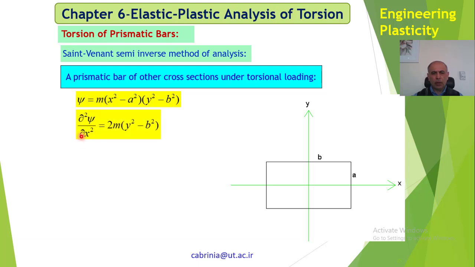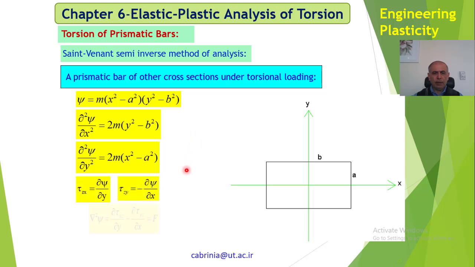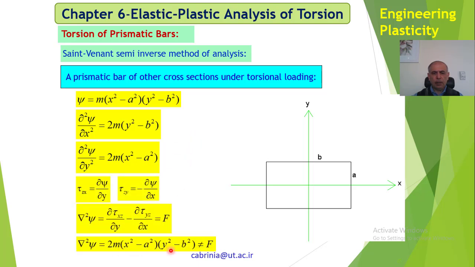Now we get the second partial with respect to x and second partial with respect to y. And see here that this is not constant. That's not equal to f. It's not constant. F is constant. So if it is not constant, if we put it here, we don't get the right answer.